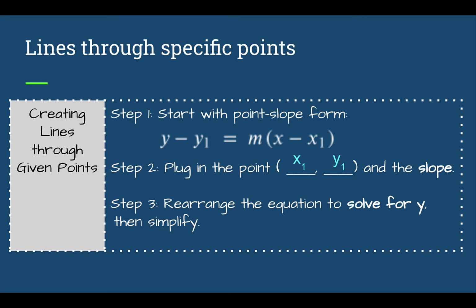Then you're going to plug in the point that you're given and the slope. Remember, when you're plugging in the point, it looks opposite in the equation compared to what it looks like as the coordinate point. Finally, you're going to rearrange the equation and solve for y, and simplify it as much as we can.